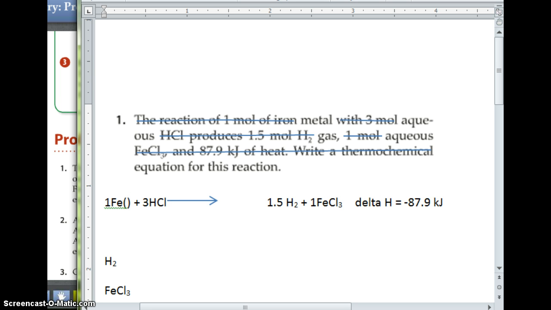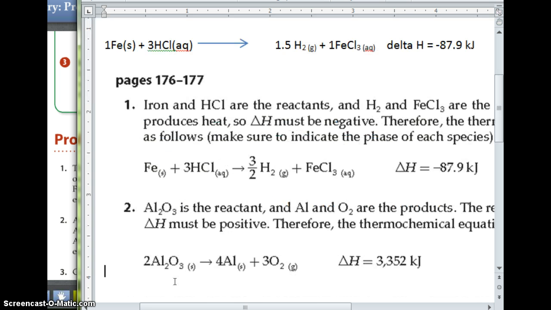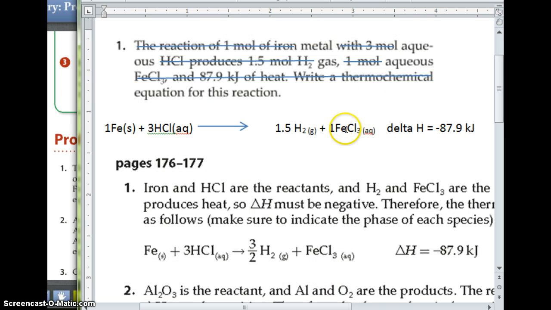Well, if it's metal, it is a solid. What about the HCl? It's aqueous. What about the hydrogen gas? It is a gas. And my iron chloride is aqueous, which is AQ. All right, so we have down phases, we have down the moles, and we can check it out. Yep, our delta H is negative.